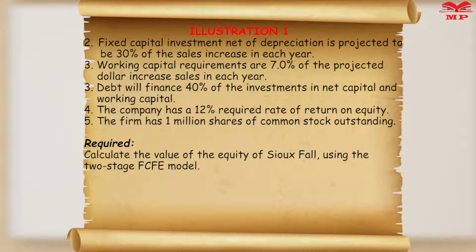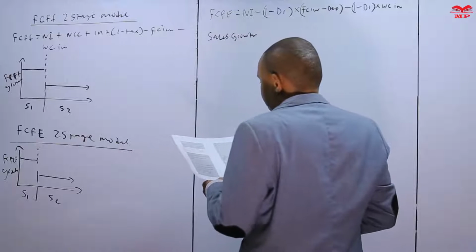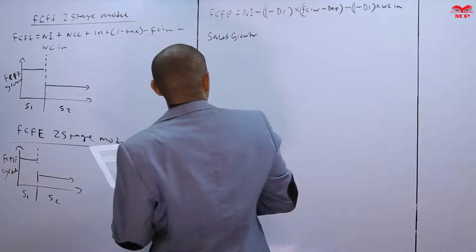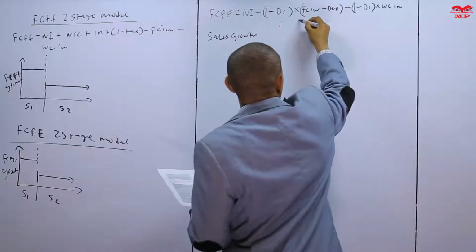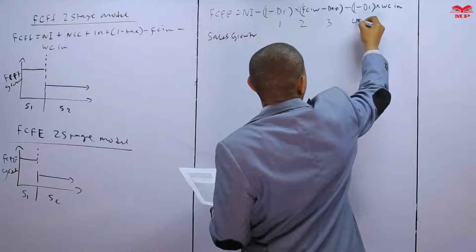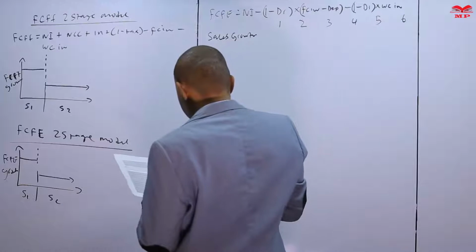Now, for this question, we need to first of all draw a table similar to the one which you had done in lesson 2. So we have first of all the sales growth given to us there. And then we also need the year, 1, 2, 3, 4, 5, and 6.